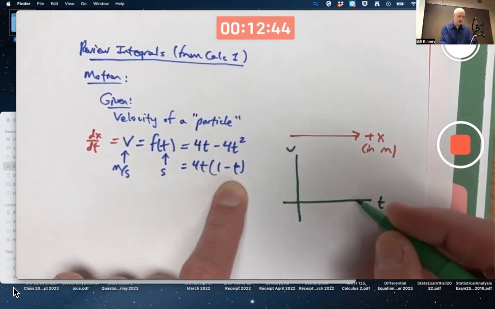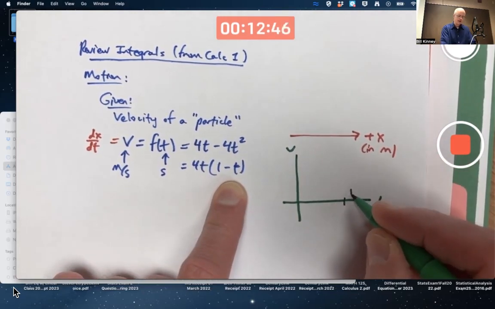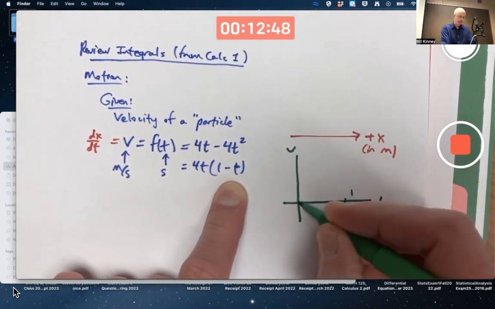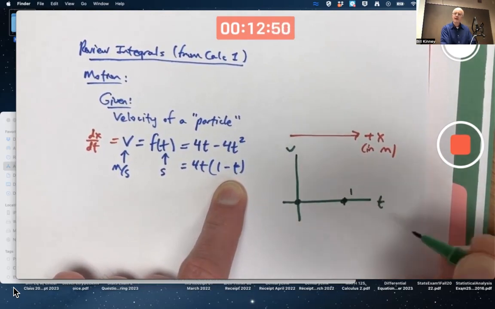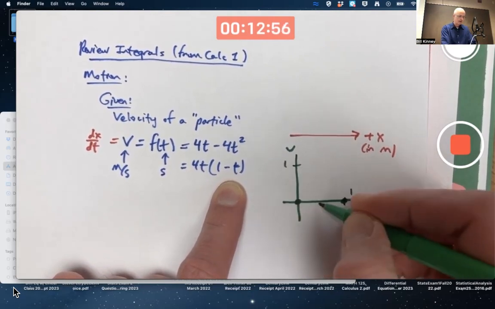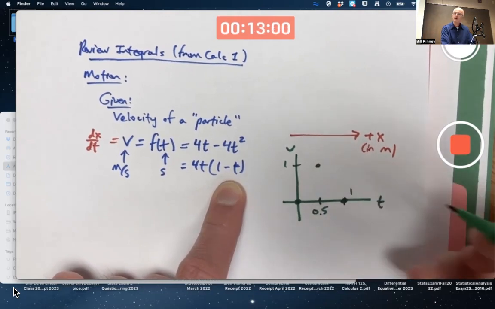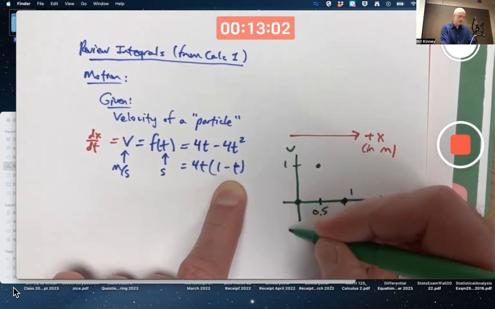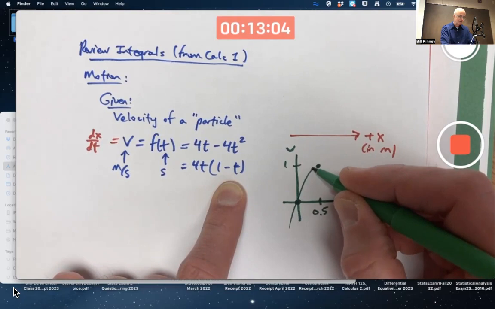The t-intercepts are 0 and 1. Let's say that's 1 right there. And the maximum value, I said, is 1 when t is 0.5. So the graph looks about like this.